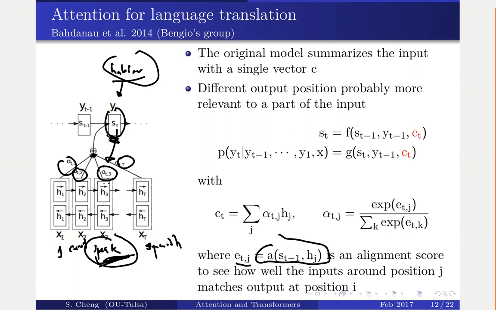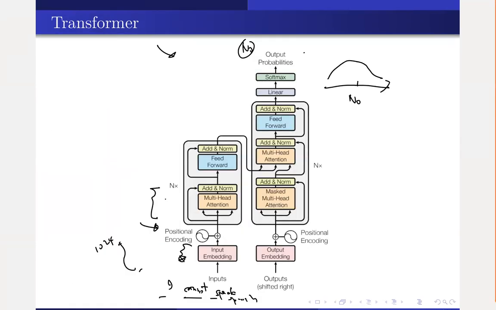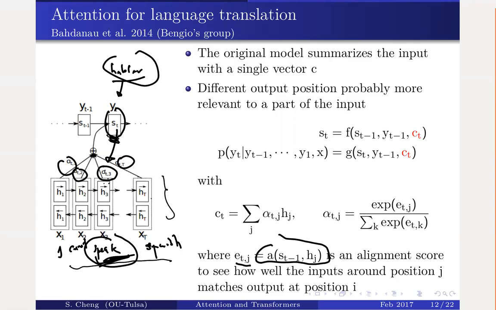You consider each of them equally, so you just throw away the position information. The RNN supposedly takes care of that, but in this model it doesn't use an RNN.